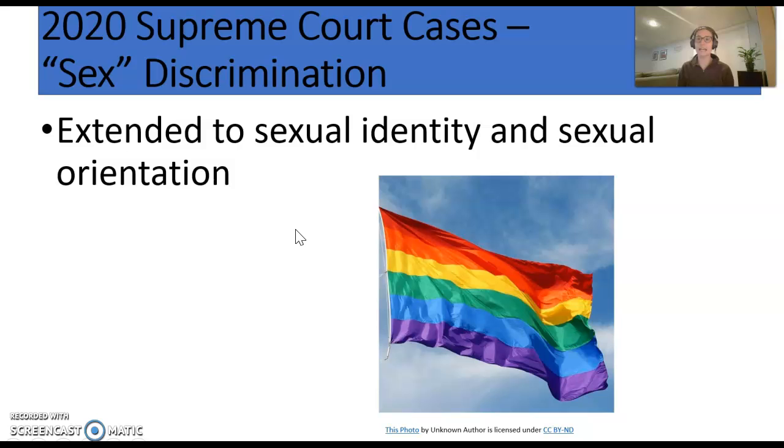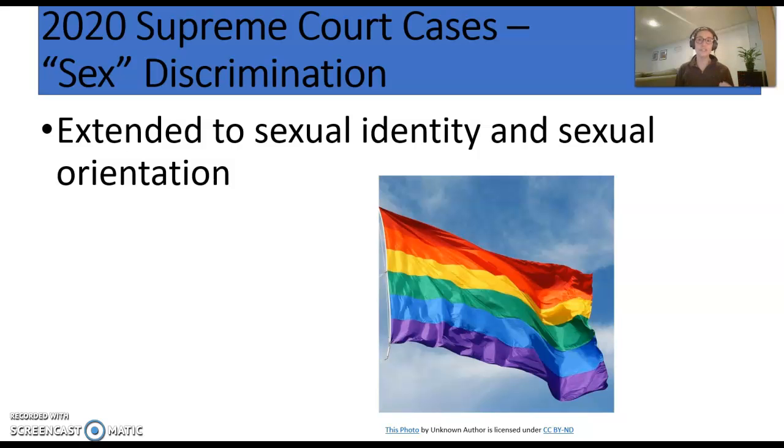What is interesting is that in more recent decades, there were a number of court cases all over the country where individuals who are gay or lesbian or transgender have been terminated or not hired from their positions on that basis.